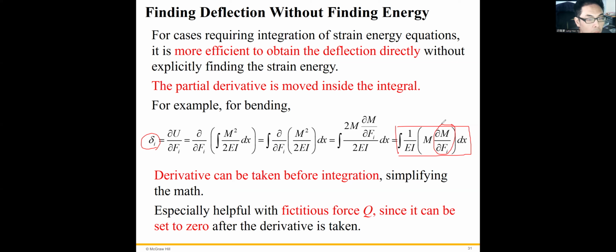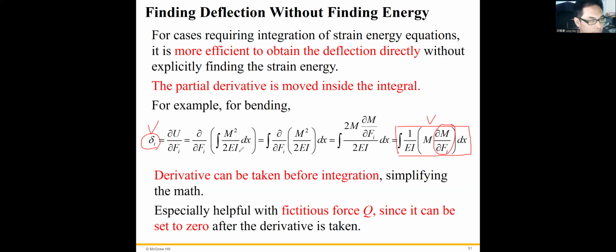You know what I'm saying? So in this form, we don't have to take the energy part into account, right? So we can directly take the derivative of the moment with respect to the force in this case.